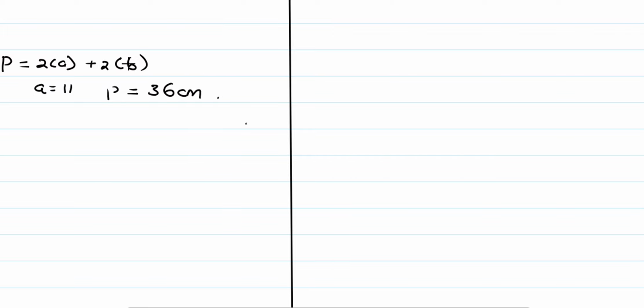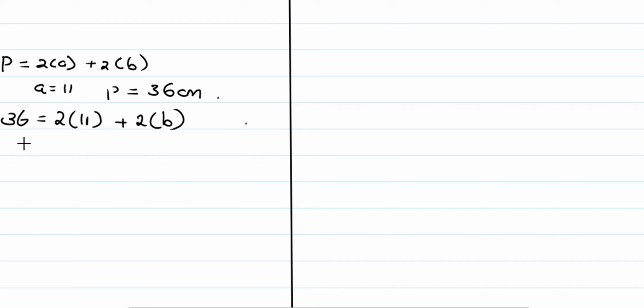So to find B, which is the missing side, it will be 36, which is now the perimeter, is equals to 2 into A, but we already know A is 11. So that now we get the two sides combined, plus 2 into B, because we don't know B. It is not given, it is the one we are finding.